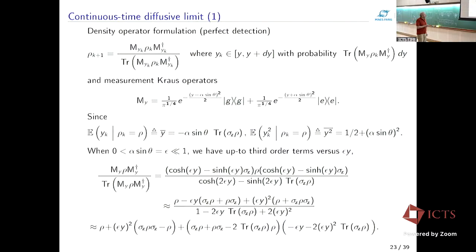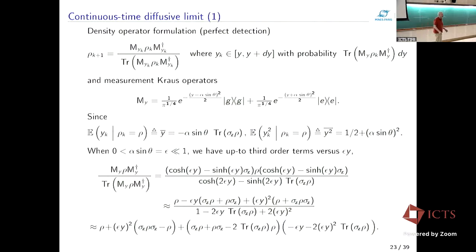So if I assume that alpha sine theta is a small parameter, I have written this formula in an exact form with hyperbolic cosine and hyperbolic sine, and you do an asymptotic expansion with respect to epsilon.